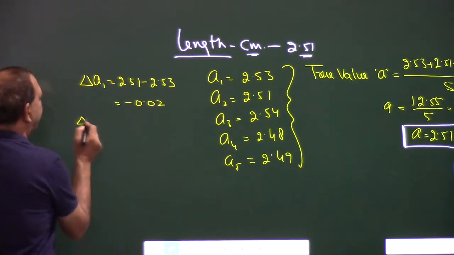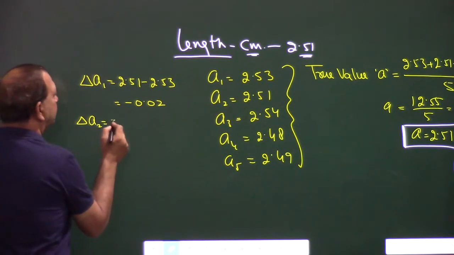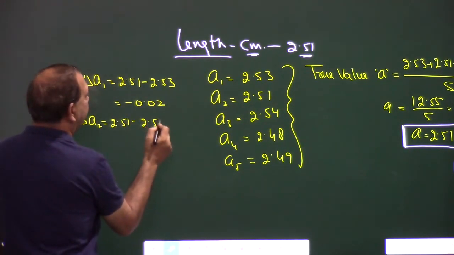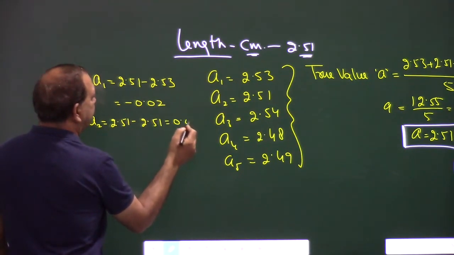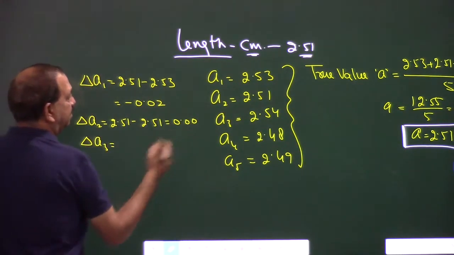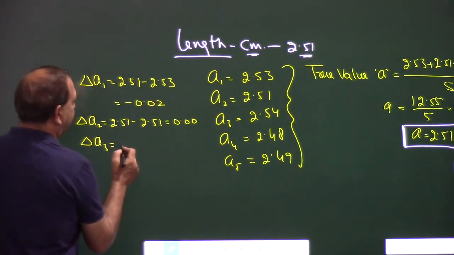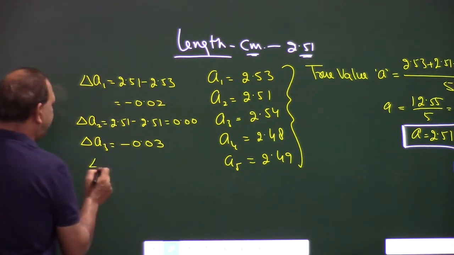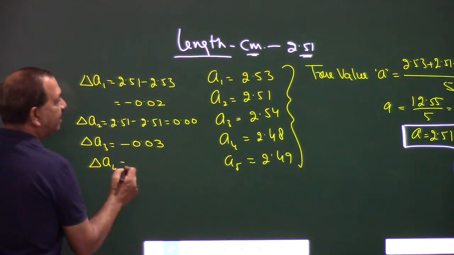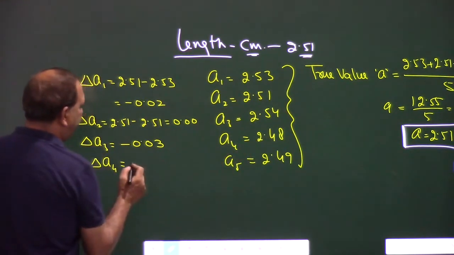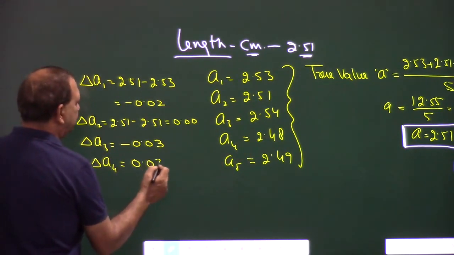Similarly, delta A2, we will do 2.51 minus 2.51, that is 0.00. Then delta A3, now you can do that calculation, so it will come as 0.03. Delta A4, that is 2.51 minus 2.48, that is 0.03.